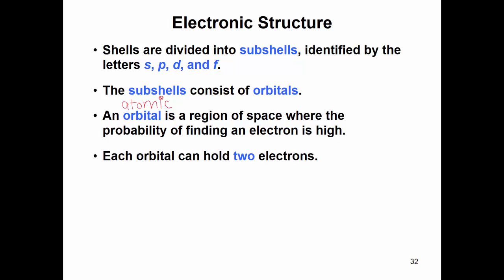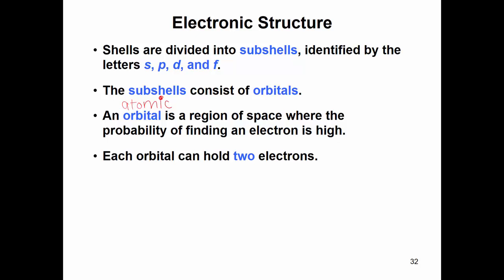Okay, we're going to look at shapes of these orbitals later, or at least the S and the P. Okay, but this is actually a mathematical representation. Computation, really. It's not an actual seat for electrons, if that makes sense. So this is a mathematical region of space where the probability of finding an electron is high.